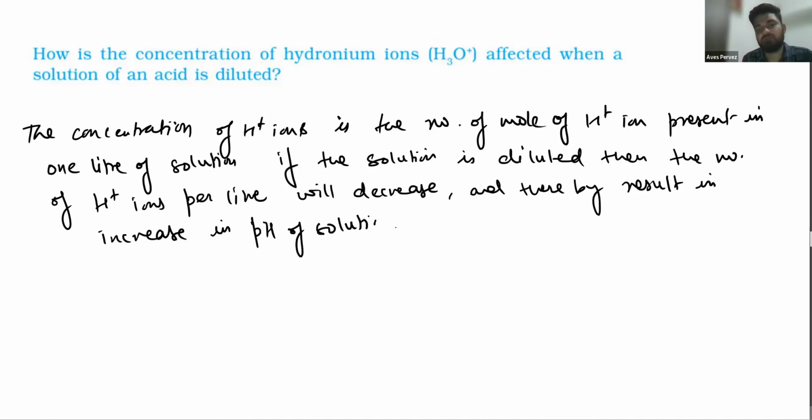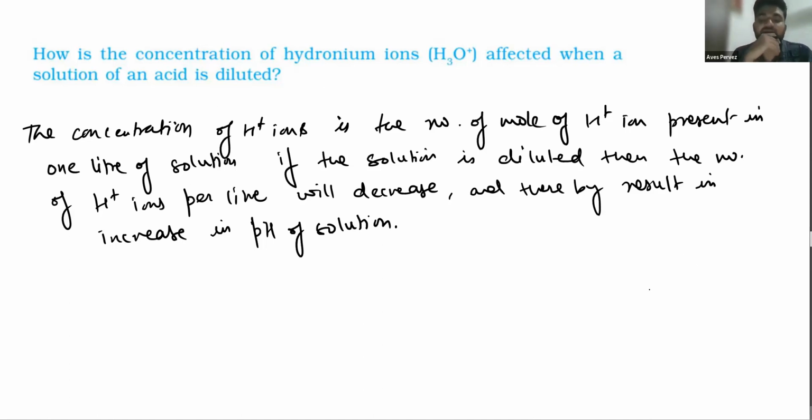You understood? The concentration of H plus ion is the number of moles of H plus ions present per liter of solution. If I'm saying the pH of a solution is 2, it means 10 raised to the power minus 2 mole of H plus ions is present in 1 liter of solution.